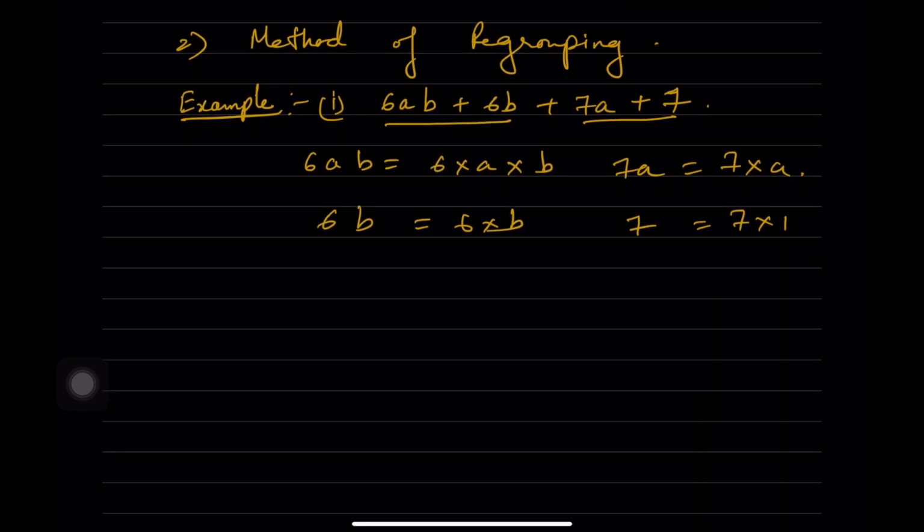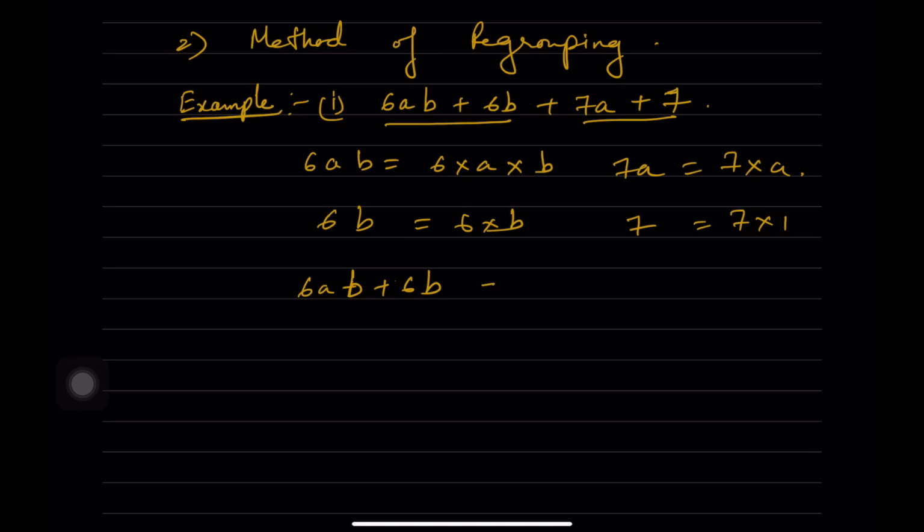Now we regroup: 6ab plus 6b, and for the other two we find the factor separately.